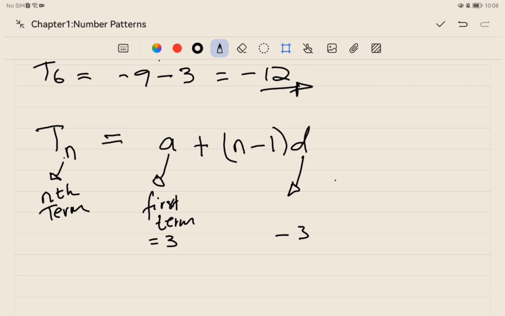From our sequence, let's say you want the 10th term.